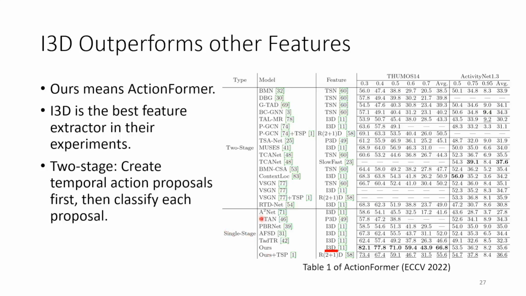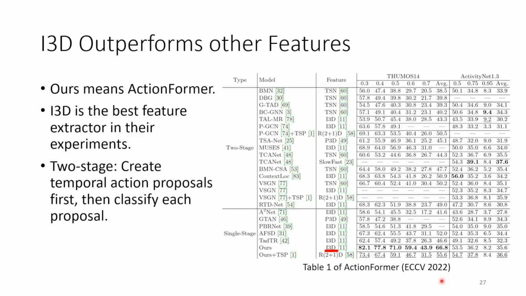So this is a unique feature. And it shows that using a transformer architecture along with a powerful representation, I3D, they generate state-of-the-art performance in 2022. Yeah, okay. Yes, please.